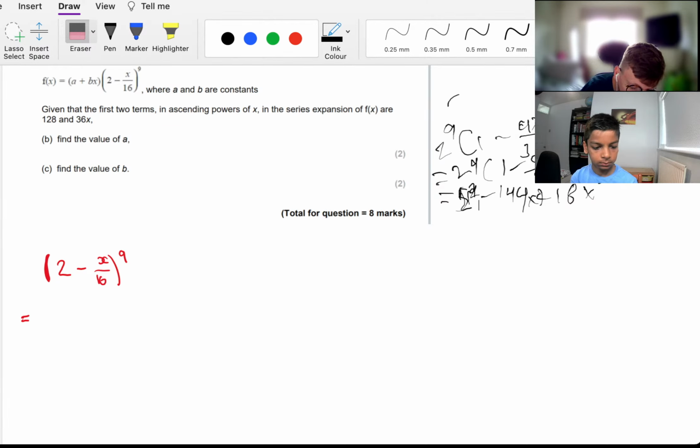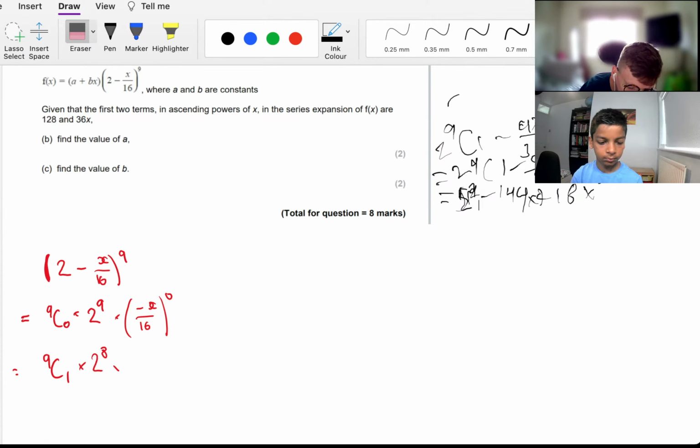So you have 9 choose 0, 2 to the 9, and then minus x over 16 to the 0, 9 choose 1 times 2 to the 8 times minus x over 16 to the 1, 9 choose 2 times 2 to the 7 times minus x over 16 squared.